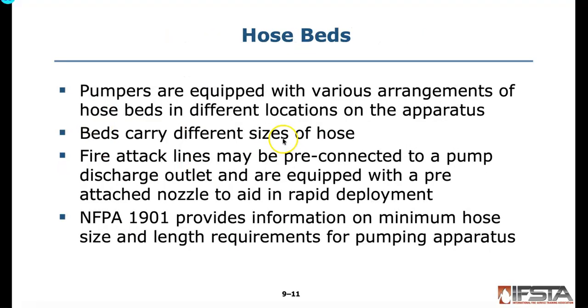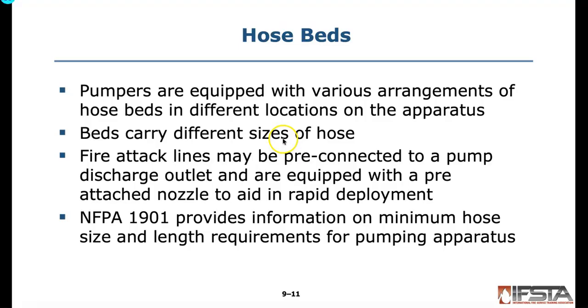They carry different sizes of hose. Fire attack lines may be pre-connected to the pump where you just pull the discharge, or if they're not pre-connected, then somebody has to connect it to a discharge. And then you have a pre-attached nozzle to aid in rapid deployment. So most of our attack lines have nozzles attached to it already. Not all of them are hooked up.